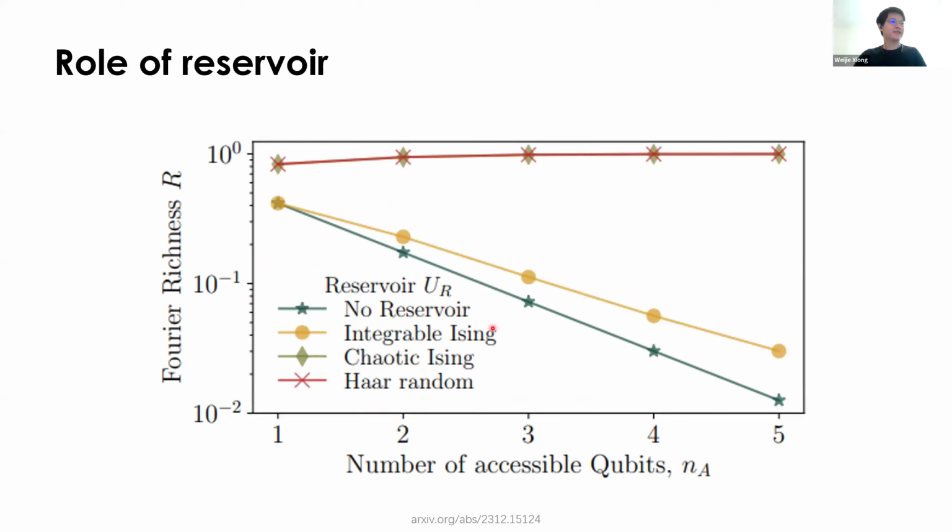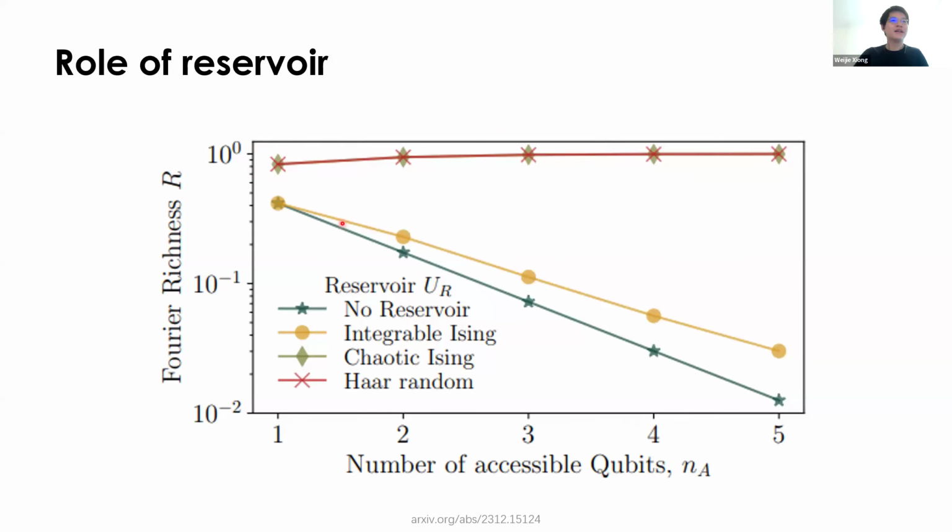We see that the rich reservoirs, namely the Haar random reservoir and the chaotic Ising reservoir, provide a value close to 1. So basically, for these two reservoirs, you can expect that all the Fourier coefficients are non-zero.